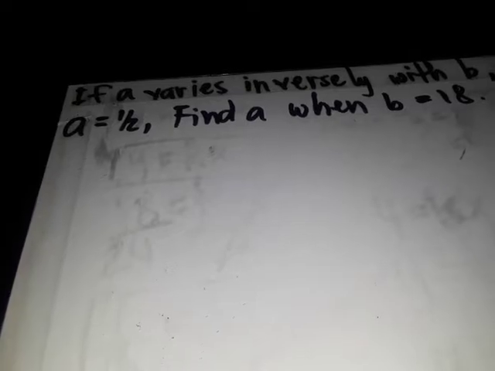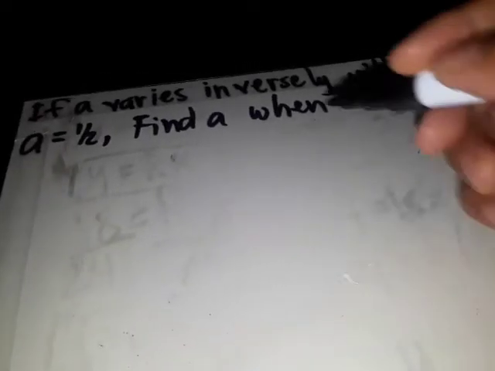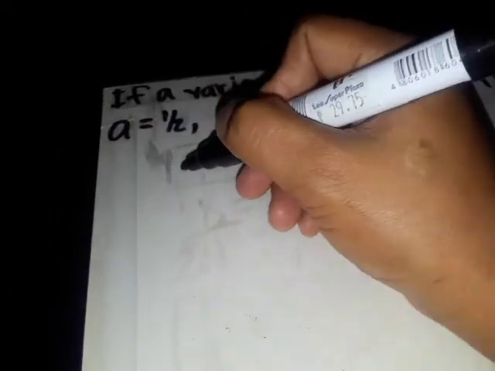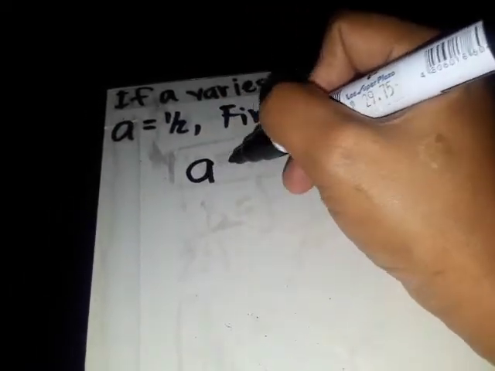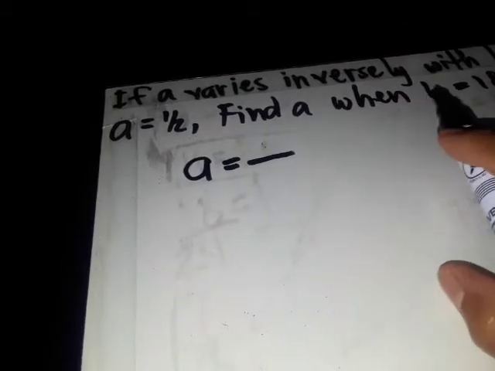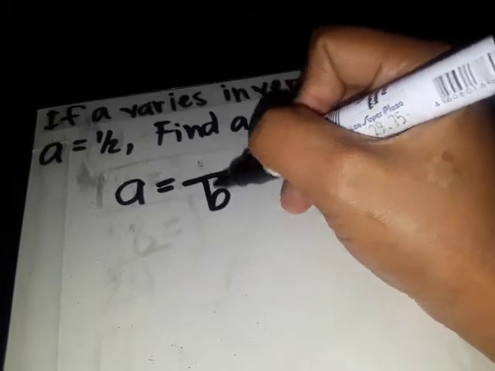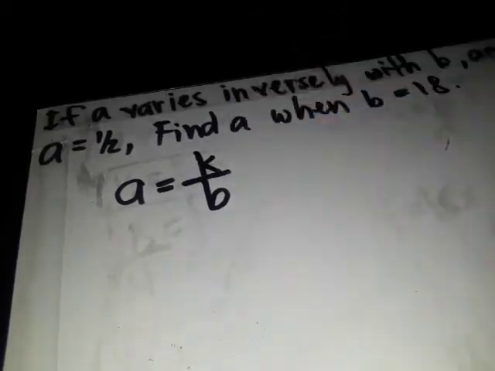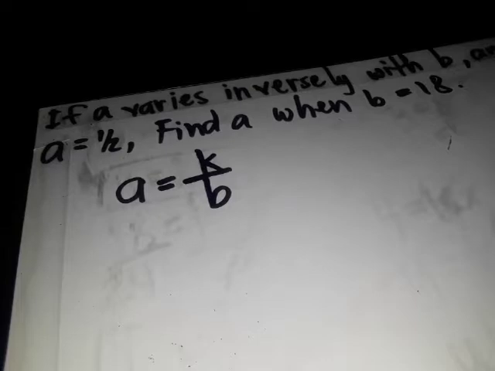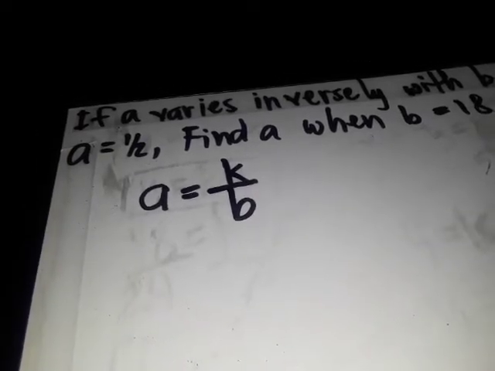For this example, ito ay inverse variation. So, if A varies inversely with B, i-equate muna natin siya. So, ang B natin ay nasa baba, ang k natin ay nasa taas. Okay? So, ganyan siya pag inverse.